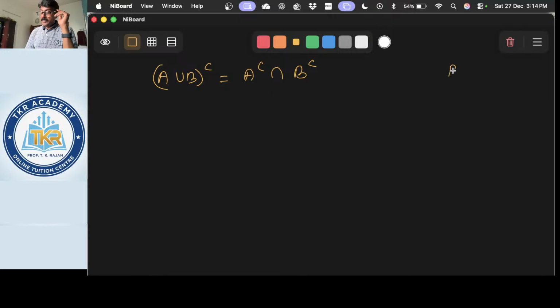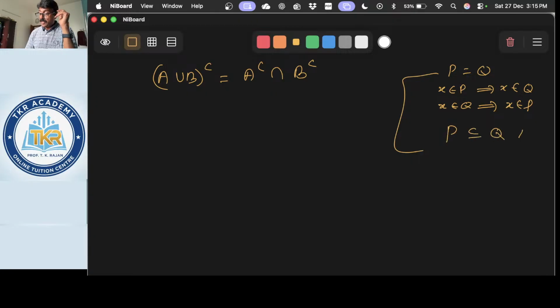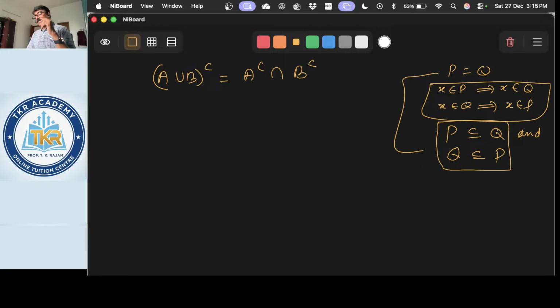You know, to prove two sets P and Q are equal, you take any X in P and show that X is in Q, so that P is a subset of Q, and you take any X in Q and show that X is in P, that is Q is a subset of P. That means two sets P and Q are equal if P is a subset of Q and Q is a subset of P. Here we want to prove (A union B) complement is equal to A complement intersection B complement.